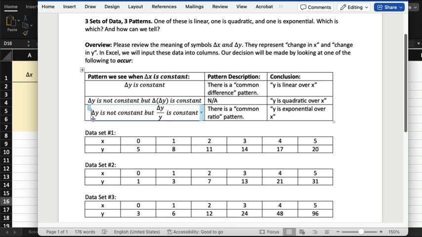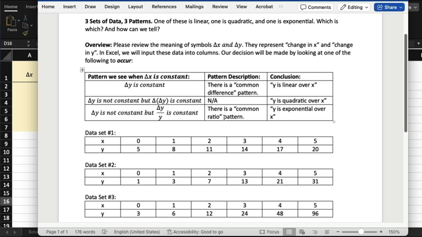Then the third possibility that we're going to discover today is that delta y is not constant, and also the second delta y is not constant. You're going to see that. But there's a third thing that we can do. We can take our delta y's and divide them by y each time. If that is constant, then it's what we call a common ratio pattern.